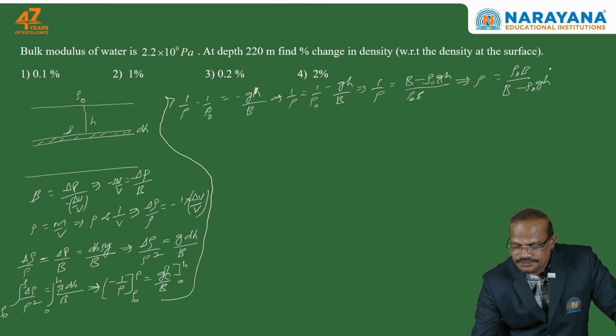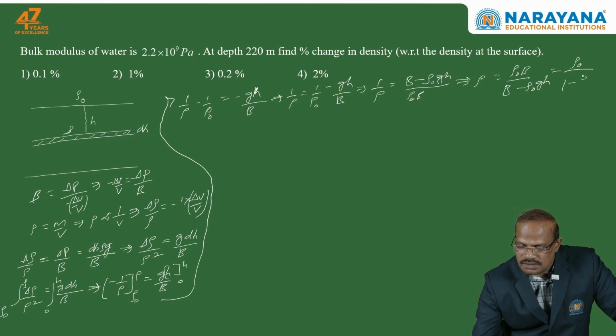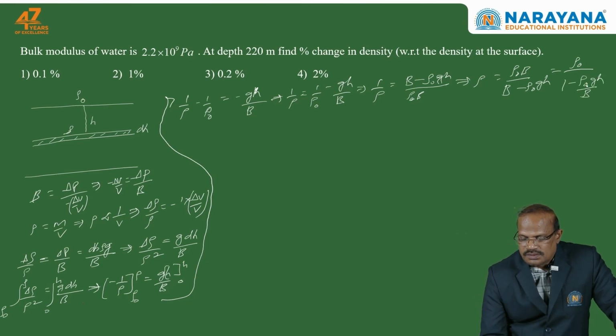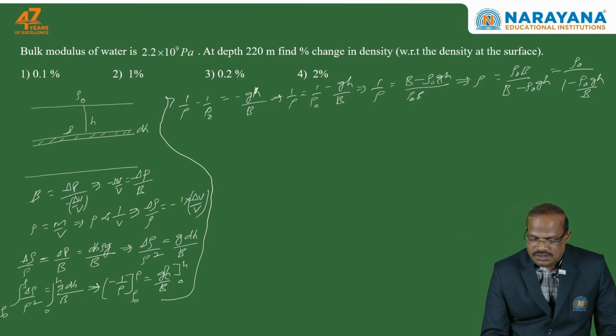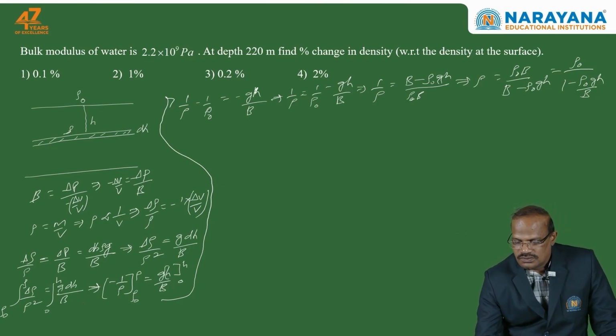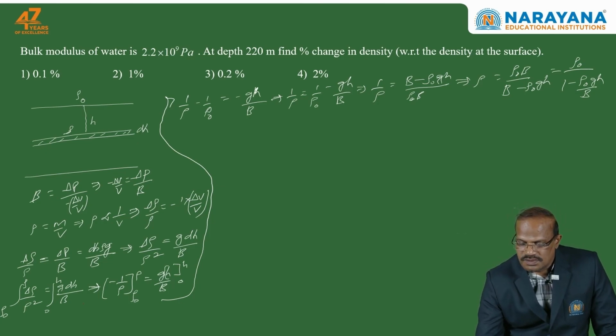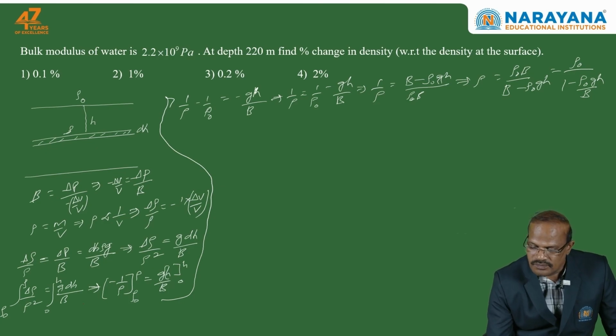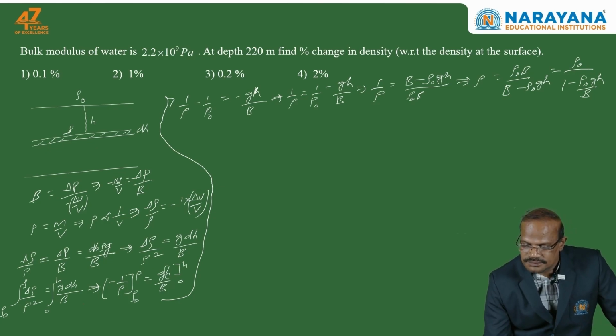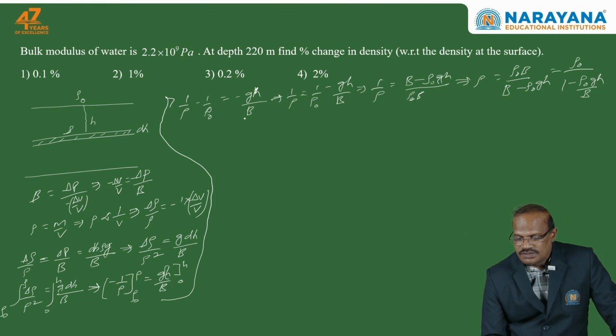This I can write as rho naught by 1 minus rho naught gH by B. That is the variation of density, and we have to find the percentage change for that.